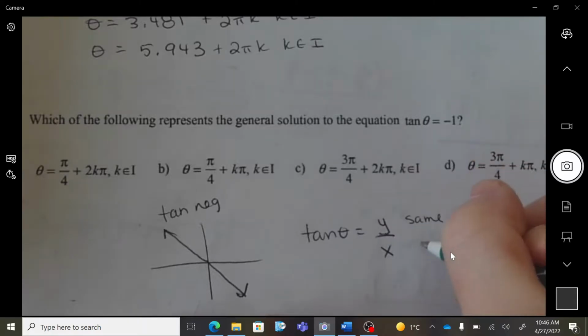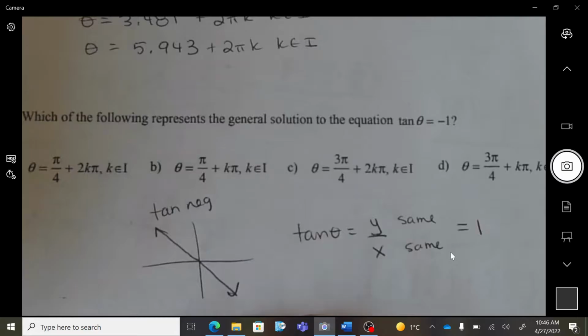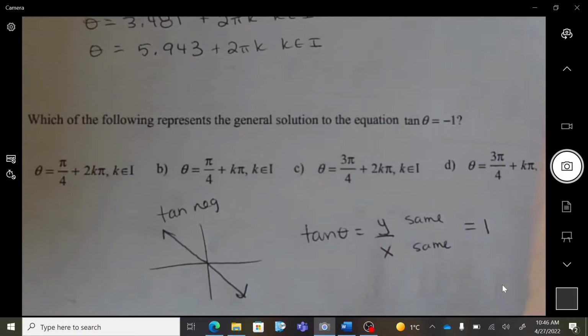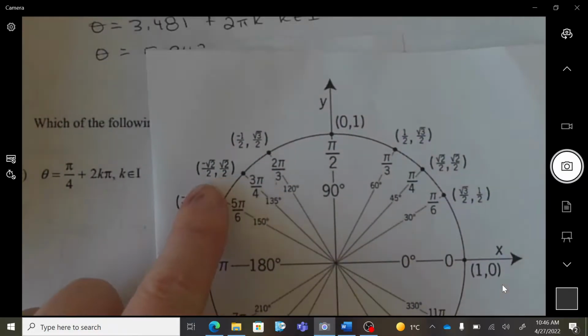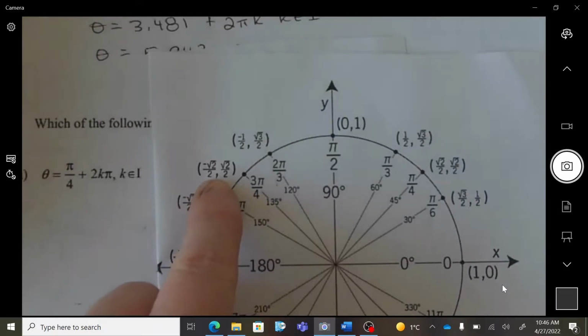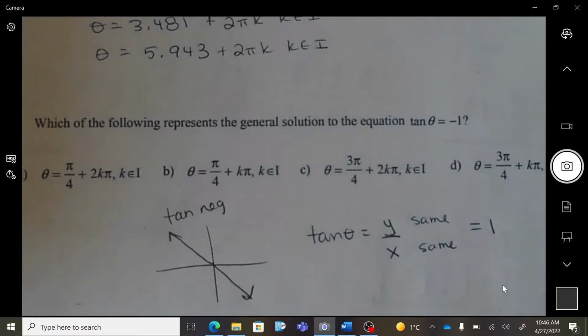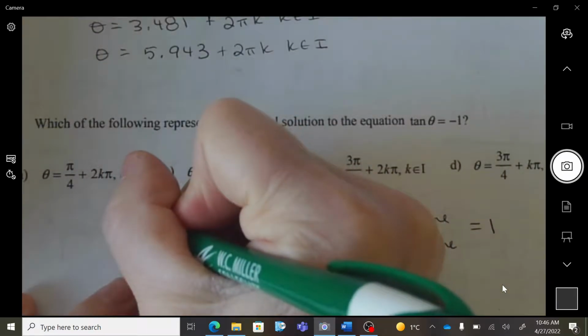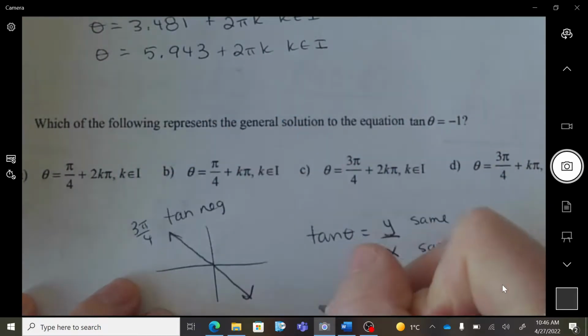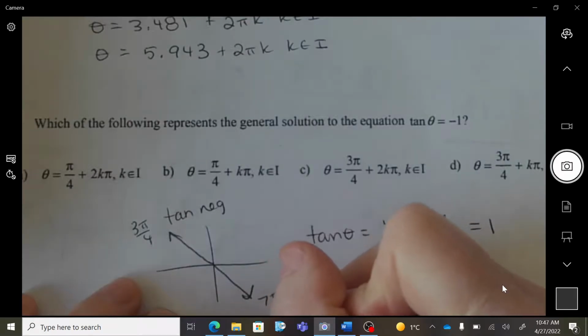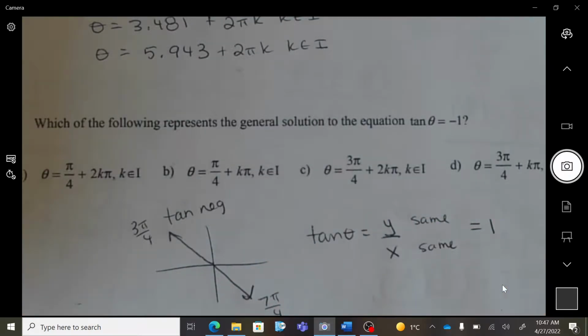So these numbers will have to be the same to equal 1. That's my understanding. So thinking about that, where are they the same? Right here. Obviously one's negative, one's positive. That's how I'm creating the negative 1. And so that's my unit circle values.